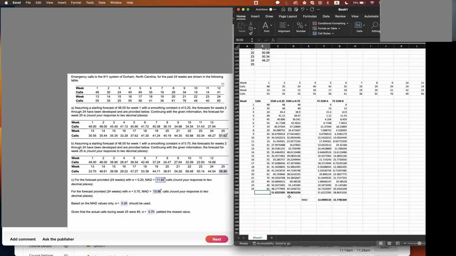So 51.6, 58. So this one is closer. So that's why I think you answered alpha is 0.70 here. Yeah. So that's how you solve this question.